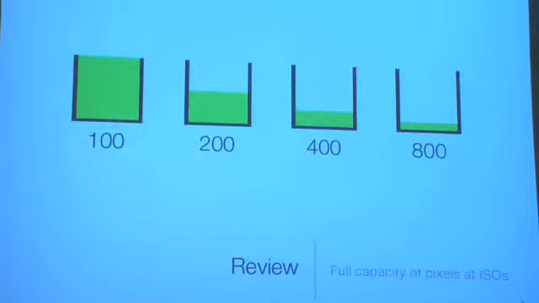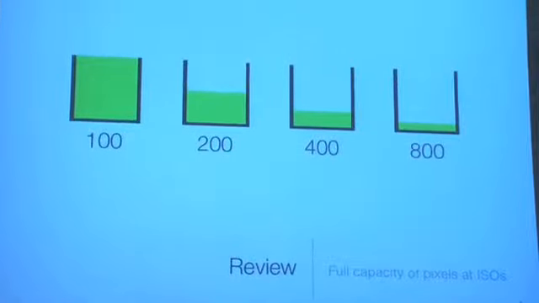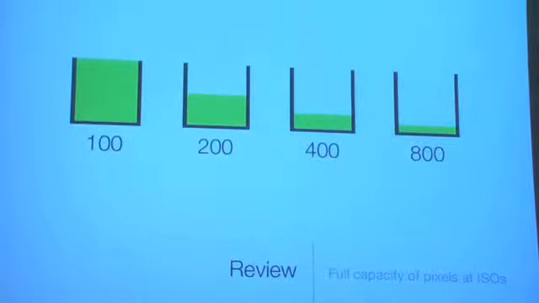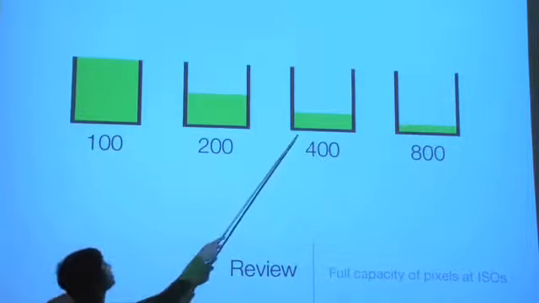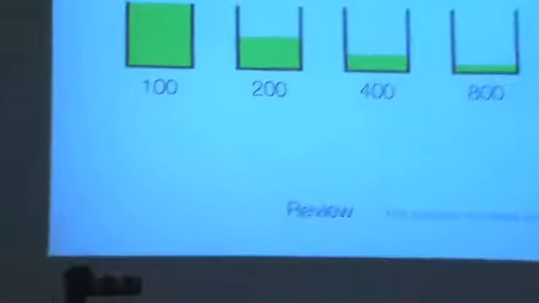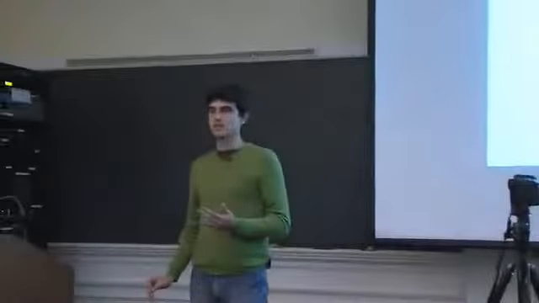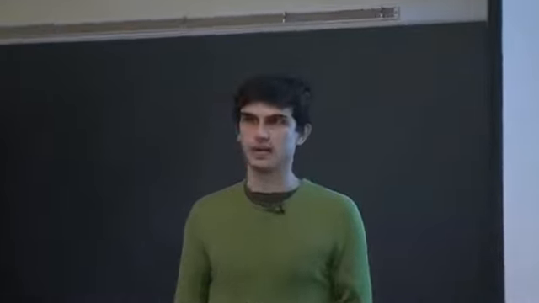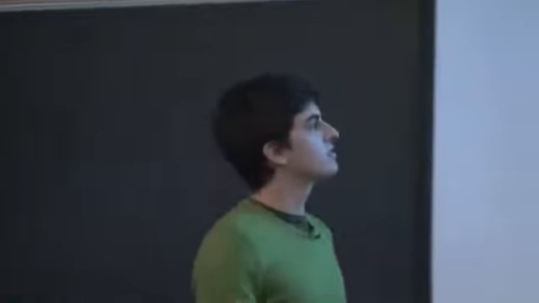So as we increase the ISO, we have fewer electrons that we are capturing, or rather fewer photons that we're capturing, that are being turned into electrons, and so we get this downgrade, so to speak, in the dynamic range of the camera.